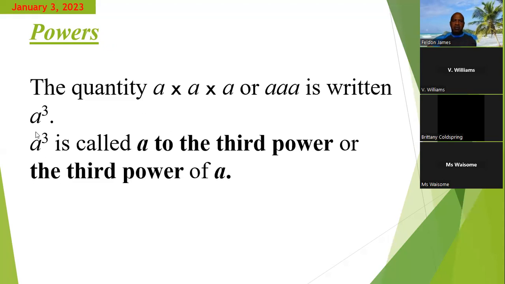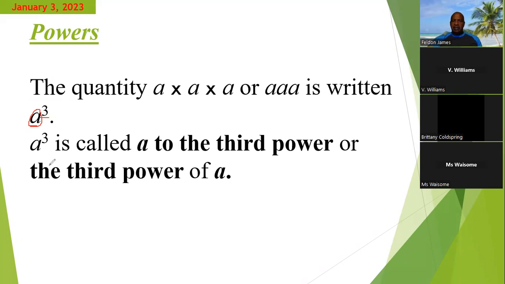Now we see that the base is that which we are raising to the power. So the base is, if you may, the symbol or the number that is being raised to the power.